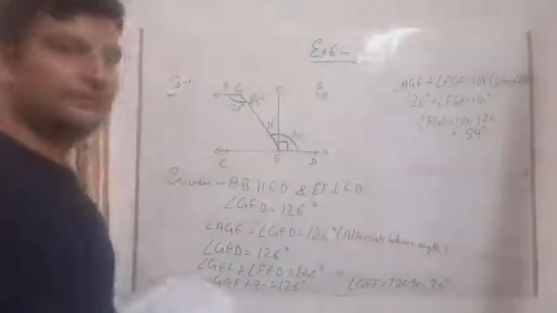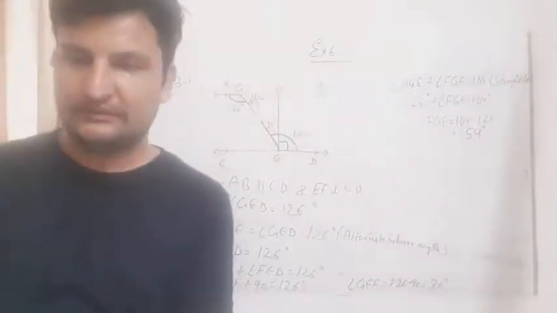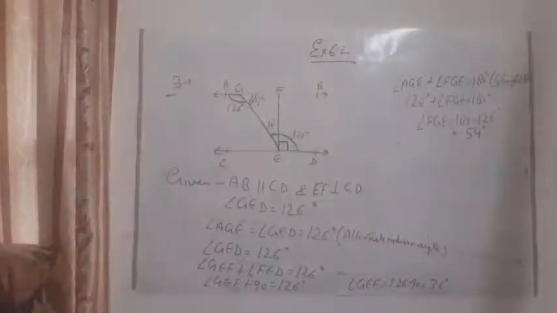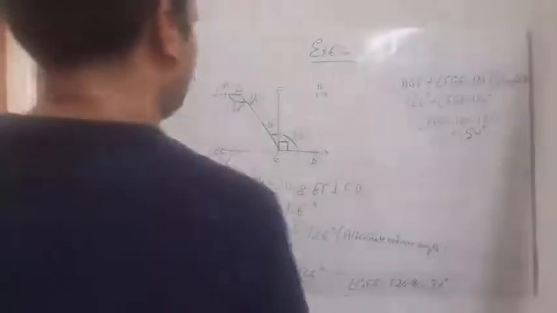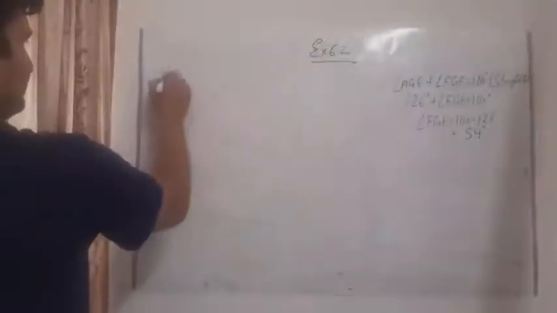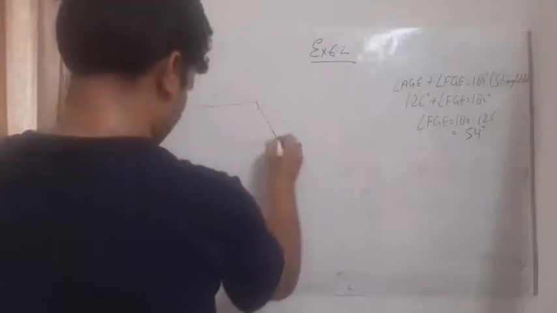For making question number 4, first we have to rub it. Now students, question number 4 is: it is given that a line is like this, and given this is the angle.